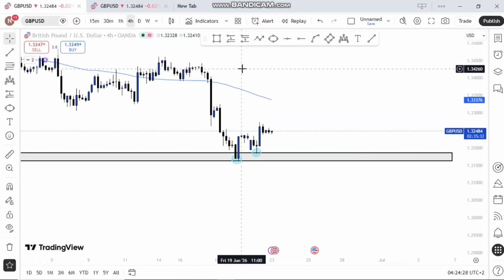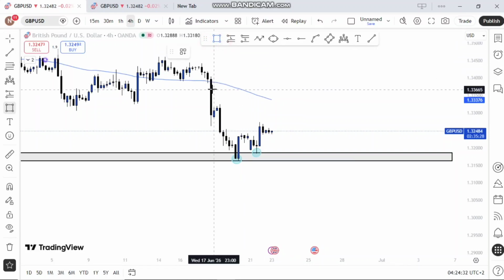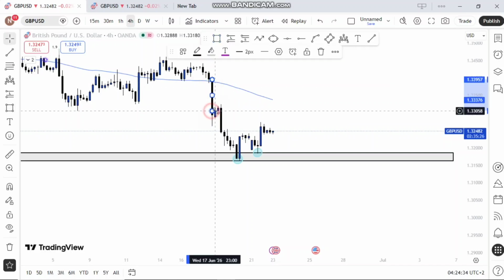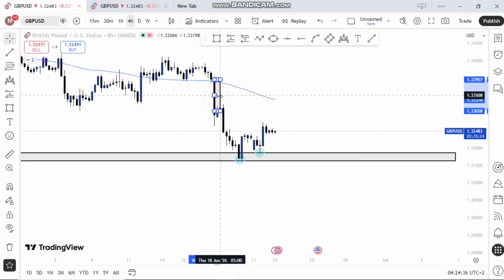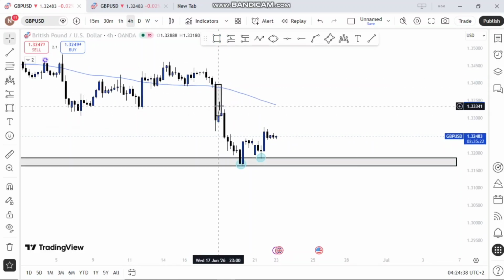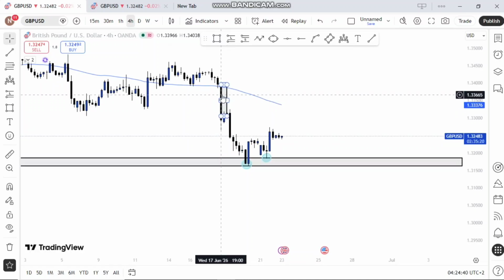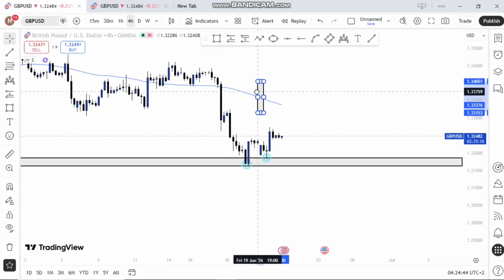I'm going to give you a cheat code. Whenever a market does a candle like this, a huge candle like this one, it has to retrace it.